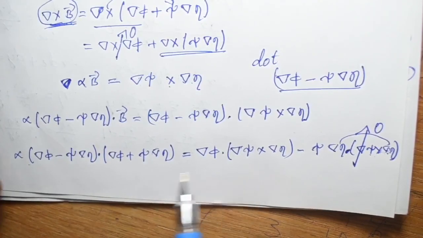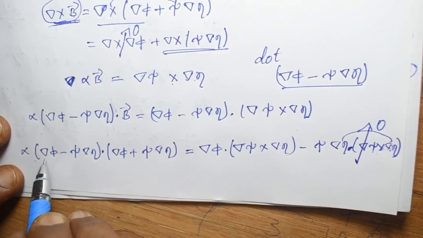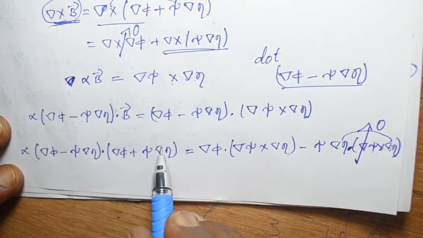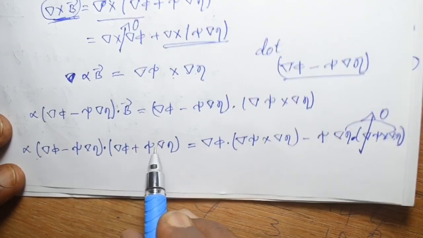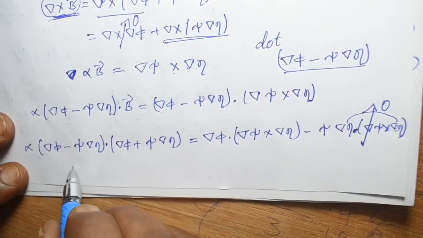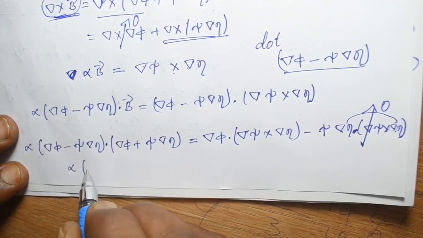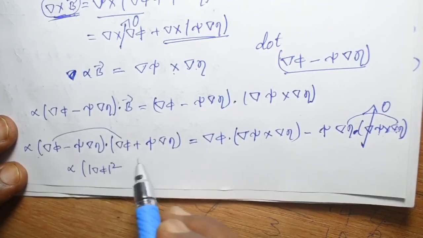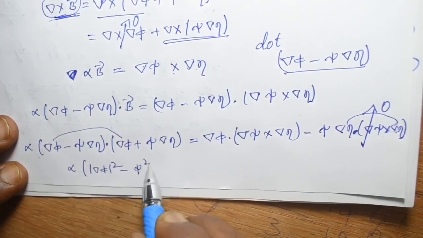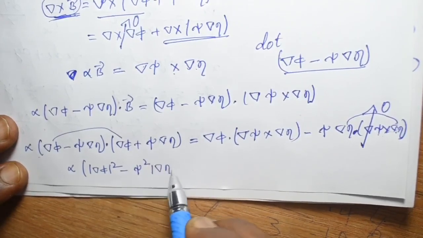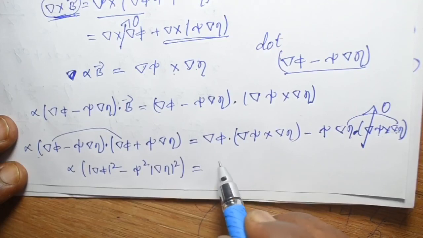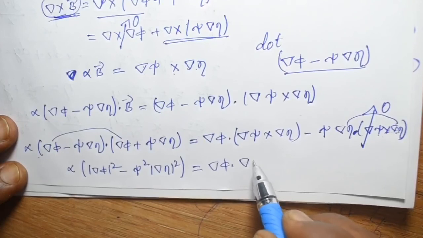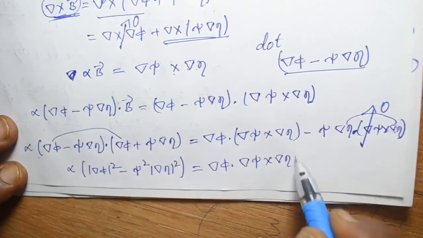But here, look, these two terms are in the form a minus b and a plus b, so we can write it as a square minus b square. By writing like that, you are going to get alpha into modulus of gradient of phi whole square minus chi square into modulus of gradient of eta square is equal to the same RHS, gradient of phi dot gradient of chi cross gradient of eta.